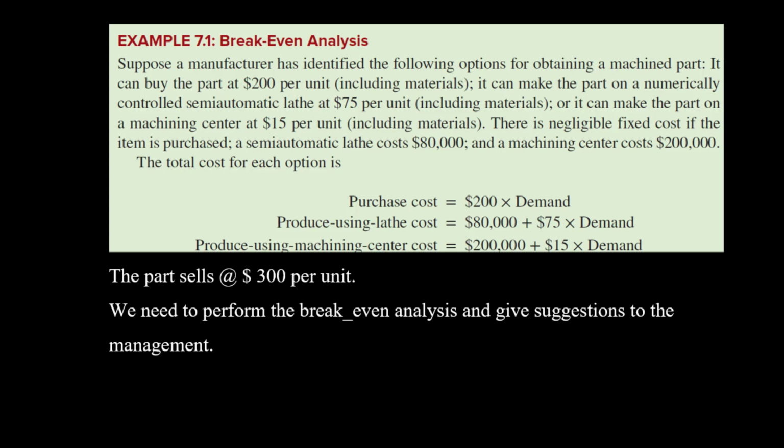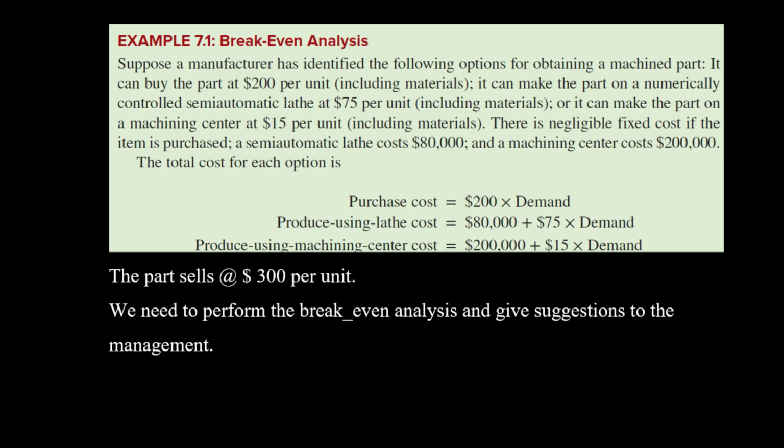There is negligible fixed cost if the item is purchased, that is the first option. In the second option, a semi-automatic lathe costs $80,000, and in the third option, a machining center costs $200,000. So these are the initial investments.